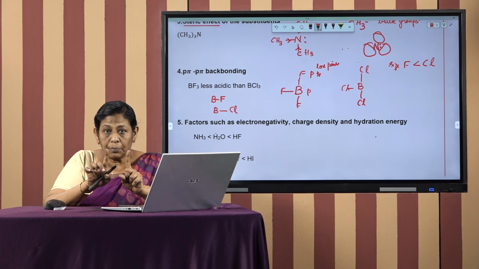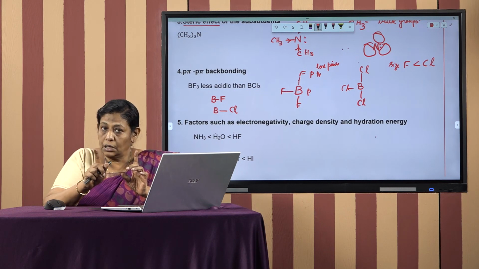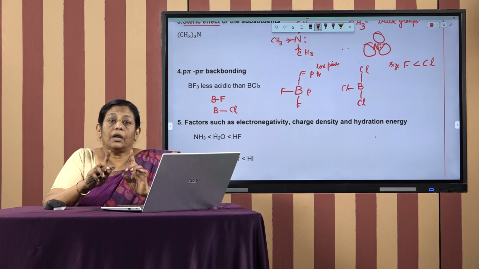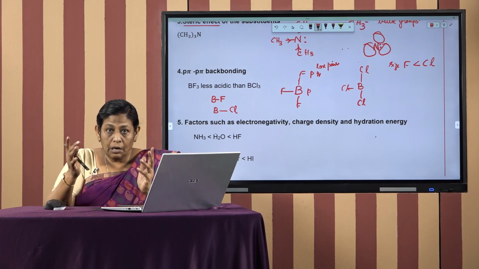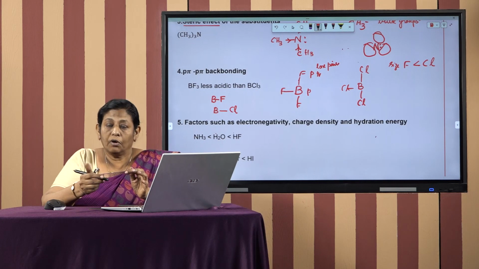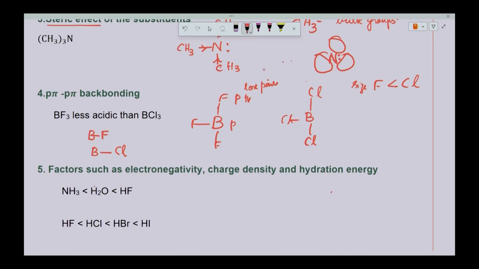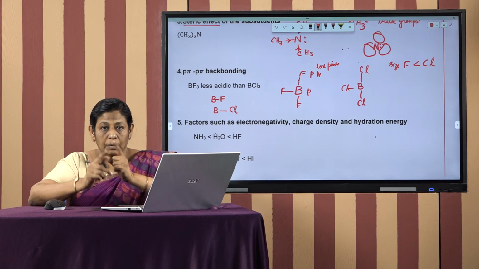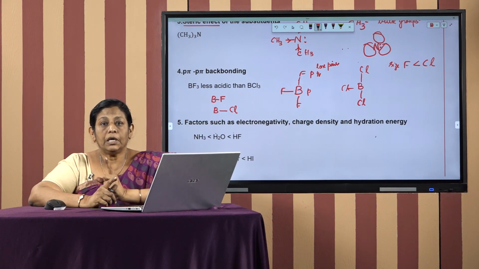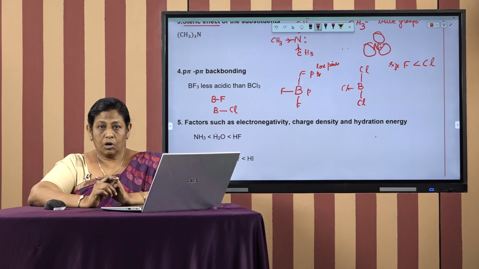But when they are far apart, because chlorine has a larger size, it cannot overlap like that. And when we come to bromine, it will be larger, so there won't be any overlap of that sort. This type of overlap, the filled p orbital of fluorine overlapping with the empty p orbital of boron, is a pi bond, and therefore it is known as p pi back bonding.